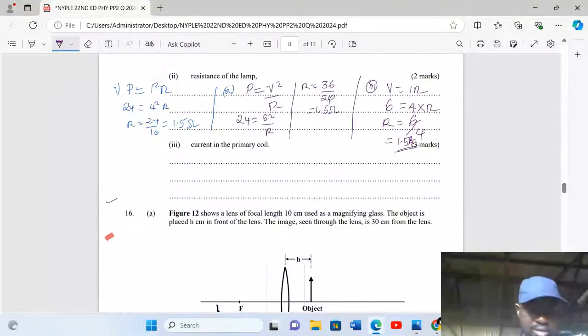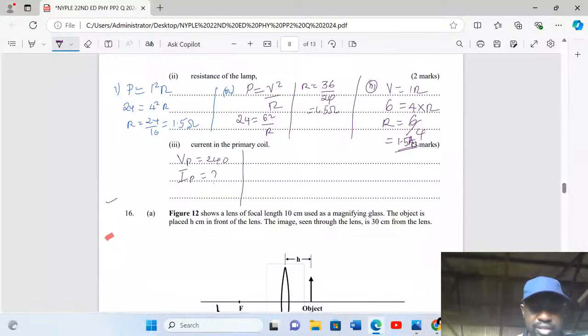Then the last one, the current in the primary coil. The voltage in the primary is 240. The current there at primary we do not know.